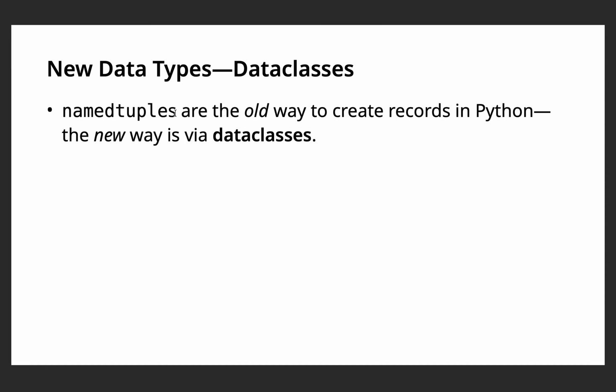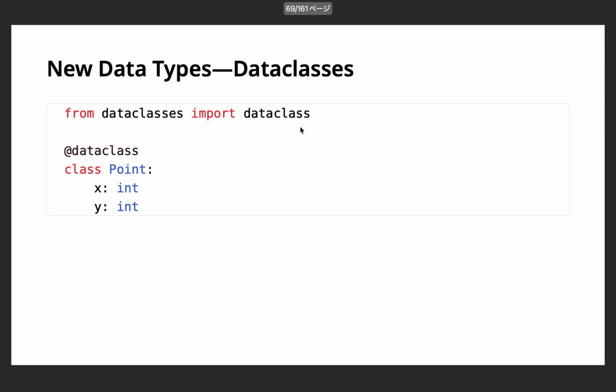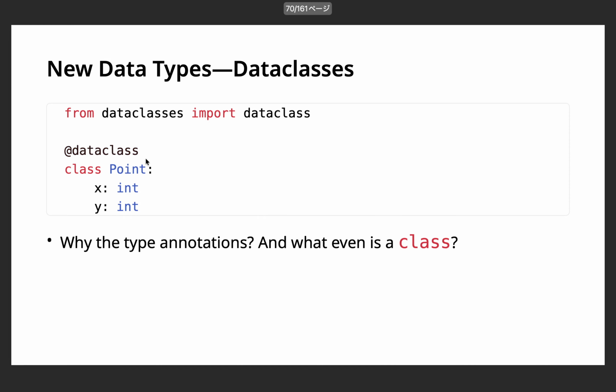Okay, so yung named tuples, these are actually yung old way. So back in the day, we used named tuples. Yung new way is via this thing called data classes. So when we say data classes, they will look something like this. Okay, so there's a bunch of stuff going on here. So we have this import, we have this keyword class, and we have a decorator over here, at dataclass.